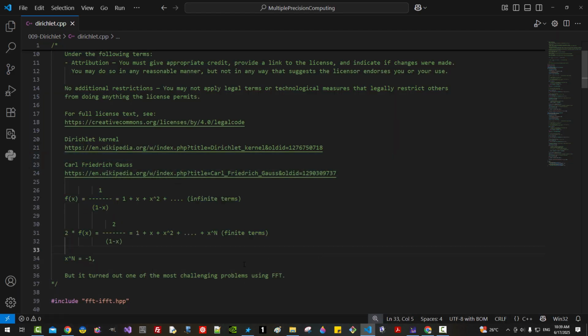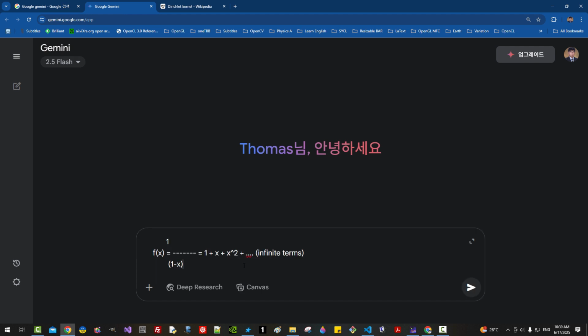Now, in my case, I used FFT to extract exact coefficients without numerical precision loss. This is digital exactness. I will copy this and paste it here.